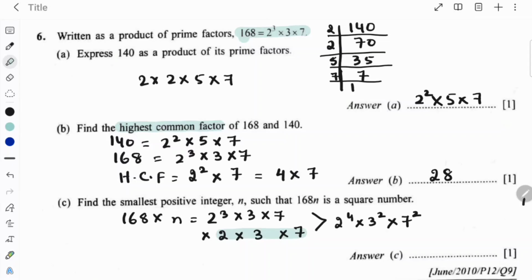Multiplying 3 by 3, it becomes 3 squared. And whenever we multiply 7 by 7, it becomes 7 squared. So 2 times 3 is 6, and 6 times 7 is 42. So that is the answer for this question.